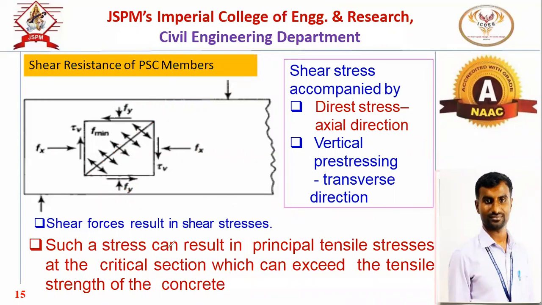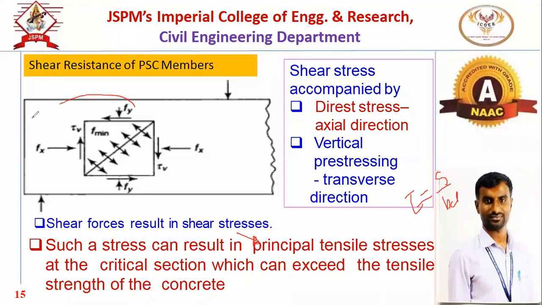Such stress can result in principal tensile stresses. Whenever a shear stress is developed, it is due to shear force divided by the cross-sectional area, and these shear forces will cause the principal stresses at certain critical sections.